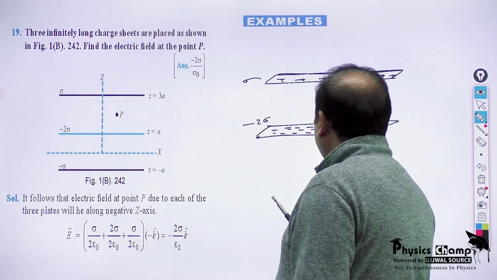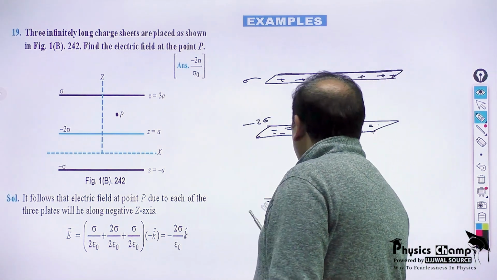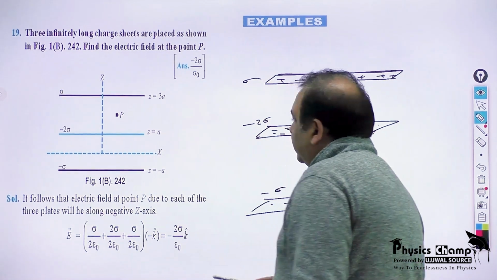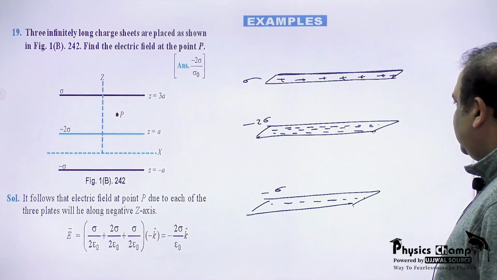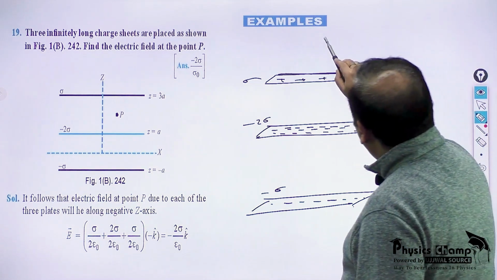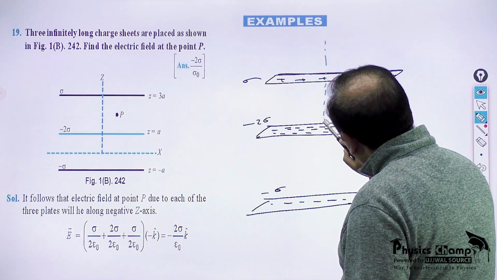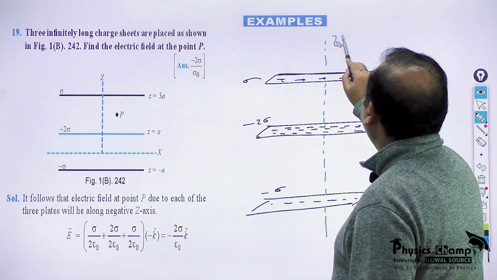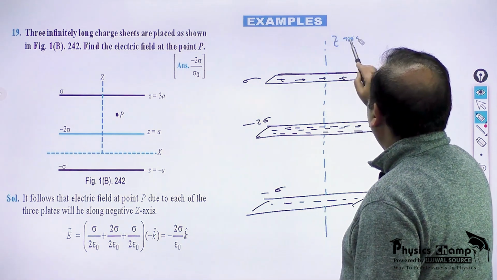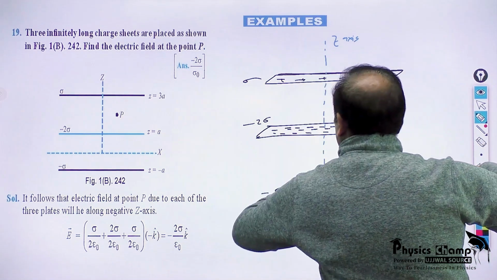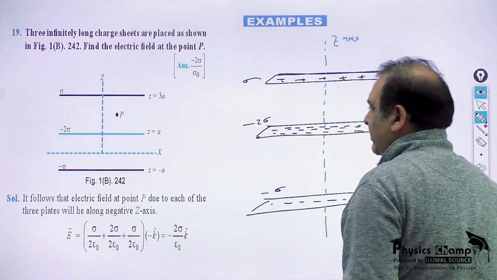And we have a third plate, it also has surface charge density minus sigma. So there are 3 plates, and this is the z-axis. Obviously these plates can be in the xy plane, and this is the z-axis.